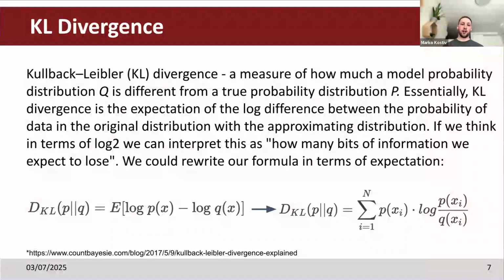And this is backpropagatable, so you can use that as a second term in the loss function along with the reconstruction loss and shift the distribution to look like a normal distribution. There is a link here which goes deep into how the divergence works, so if you want to dive deeper, please visit that as well.